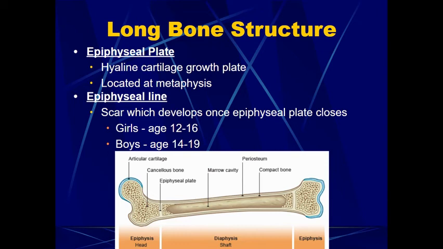It seems that once a female has her first period, her bone growth will probably stop within the next 2 to 3 years. That's just an average, but that's usually what we can expect. Boys enter puberty later, so their growth window lasts a little bit longer than a female's.